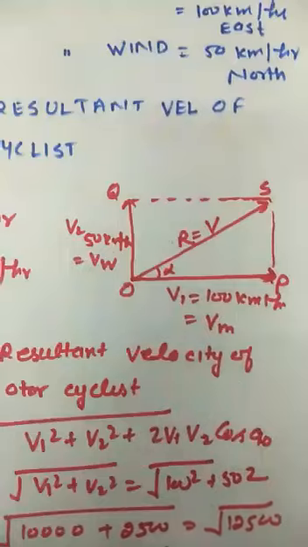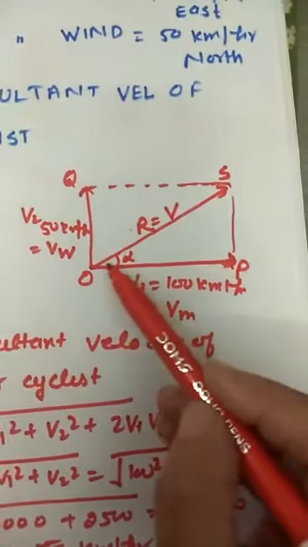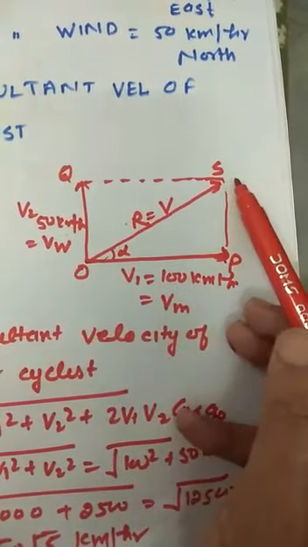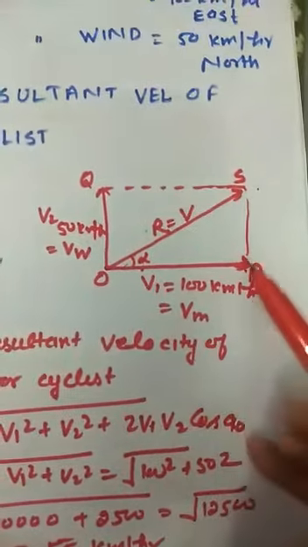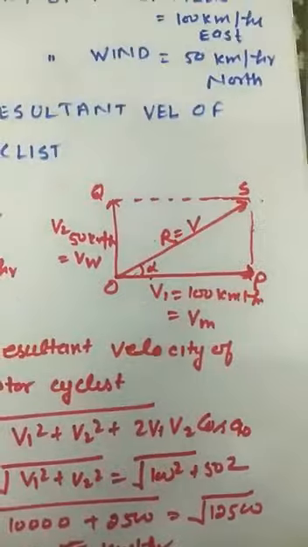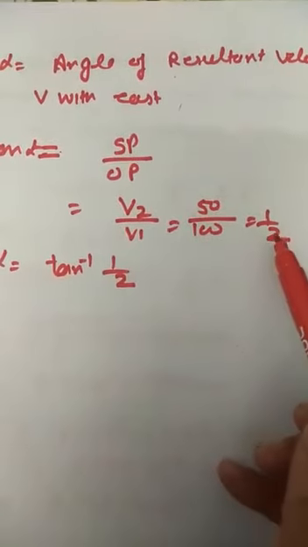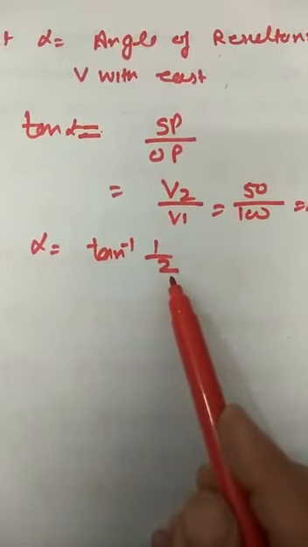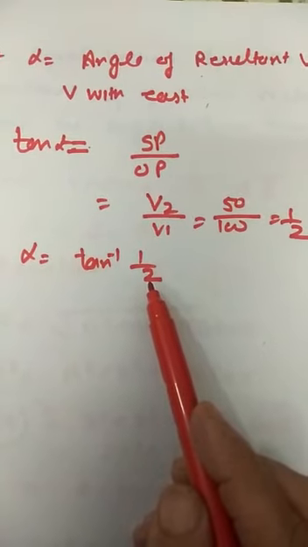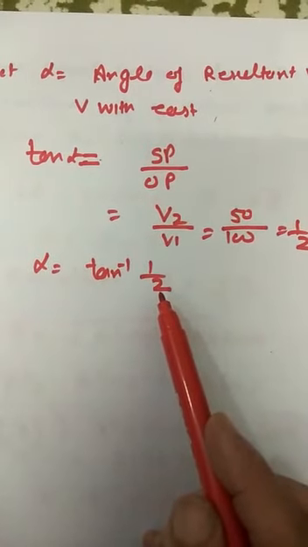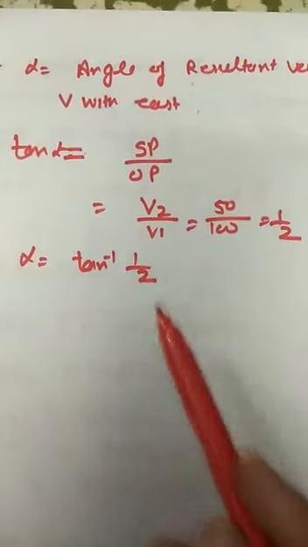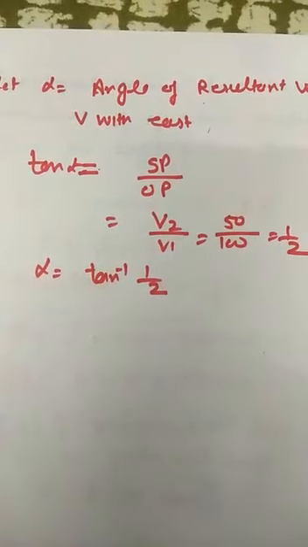To find the angle, tan alpha is SP upon OP, which is 50 upon 100. So tan alpha is equal to 1 by 2 and alpha is tan inverse 1 by 2, whose value we can find with the log table that we will learn. So the motorcyclist is going at some angle towards north from east with velocity 50 root 5 km per hour.